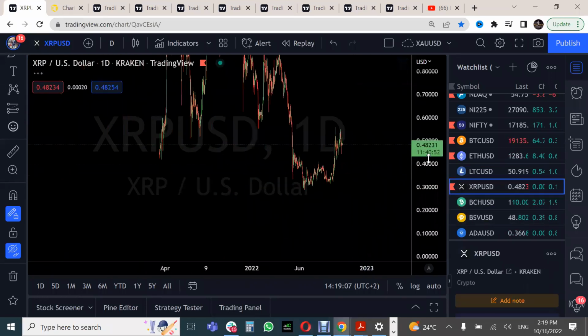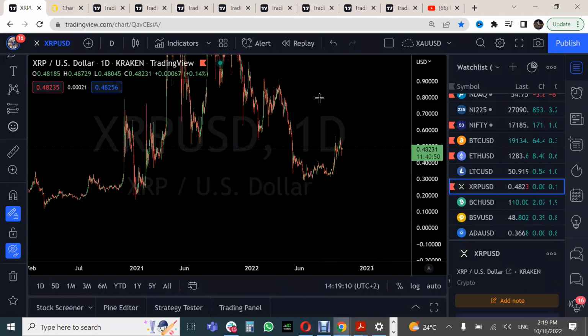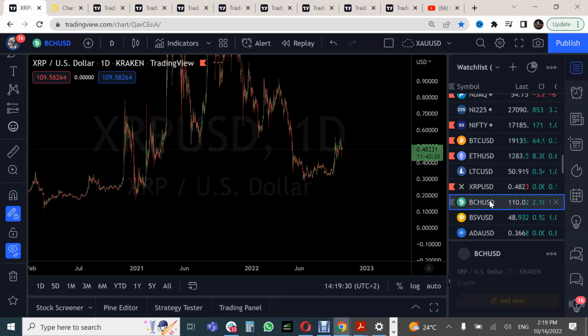Now we've got XRP, 1, 2, 3. Has XRP completed their move here? Are we going to see this continue to the downside? Let's keep an eye on this one because it looks like it's got a bit of momentum here to give us one more up before that drop. So we cannot decide on this one as yet. We'll let it give us more data before we make our move there.